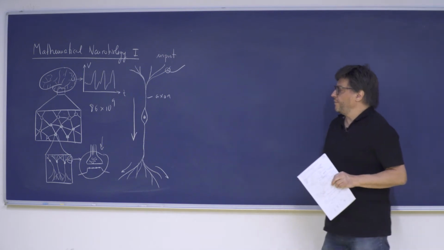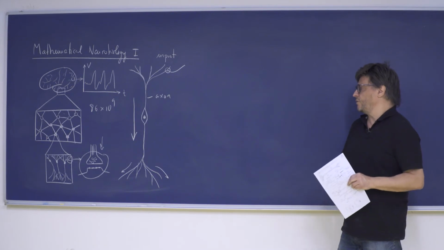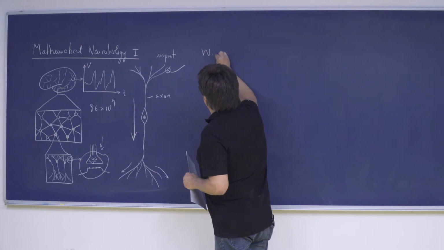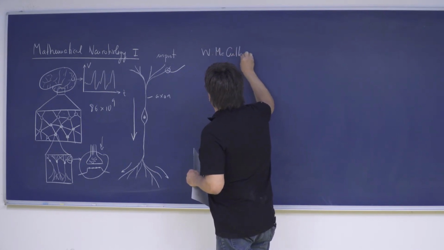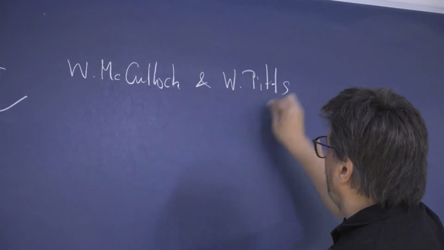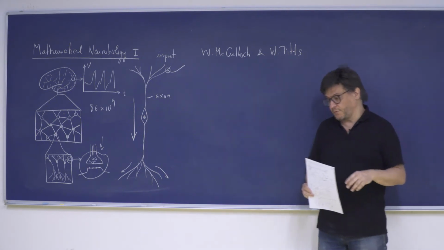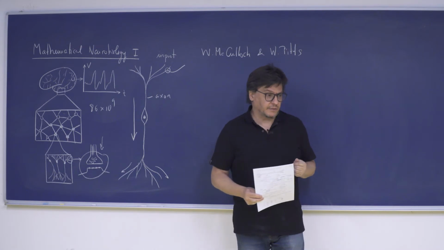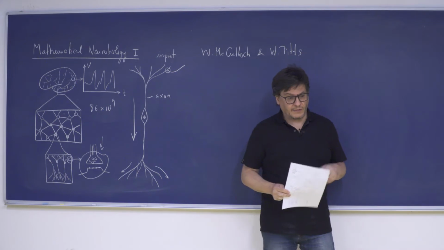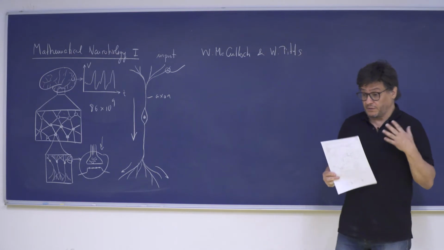So the big step in the direction that somehow initiates mathematical neurobiology was made by two scholars, Warren McCulloch and Walter Pitts. McCulloch was a well-known physiologist, very reputed, one of the fathers of cybernetics. It was the 50s, right? And Walter Pitts was a child prodigy. He came from a poor family, and you can say that was largely uneducated.